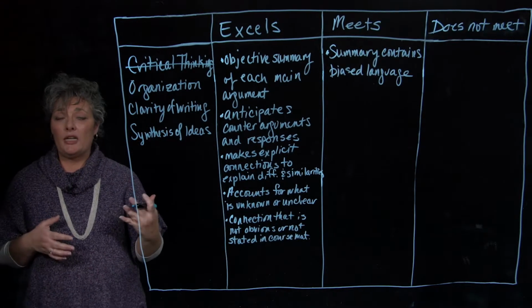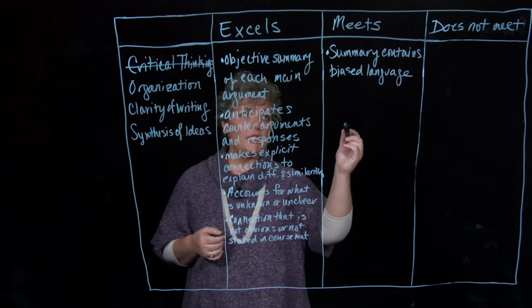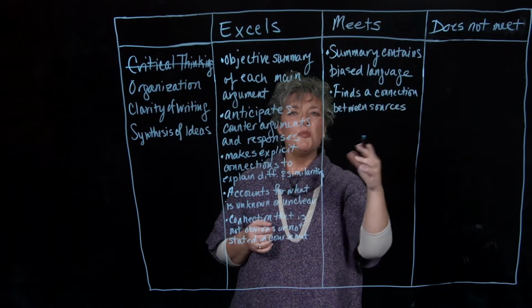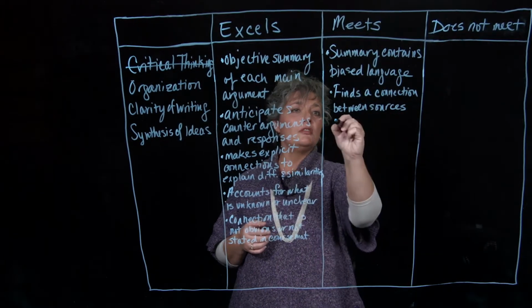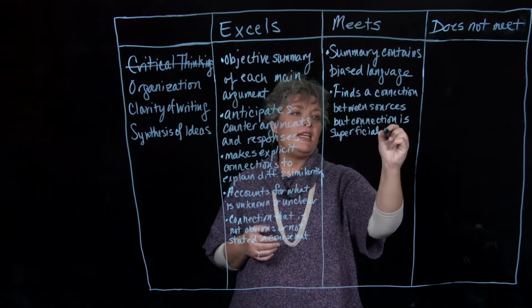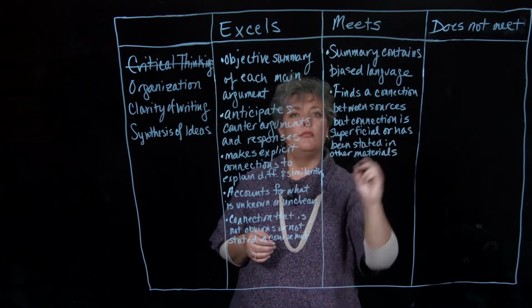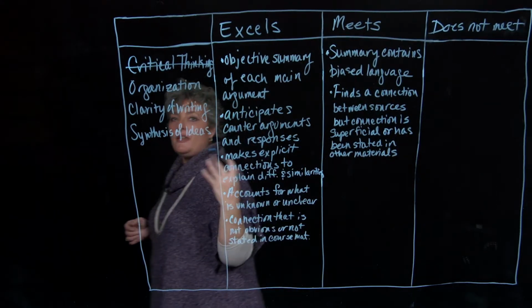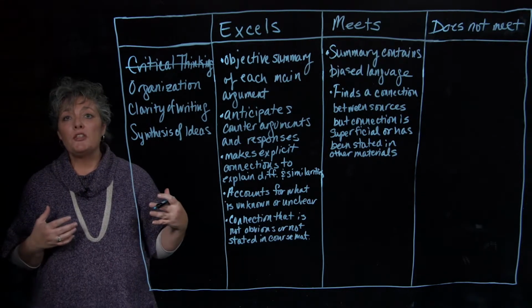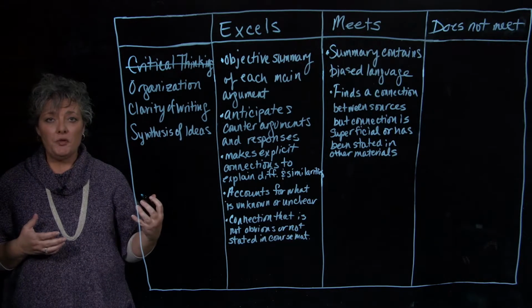So in the meets category then, finds a connection between sources, but connection is superficial or has been stated in other materials. The first idea that we talked about was explains each idea in a fundamental or in a foundational way, an objective summary of each point of view or text.